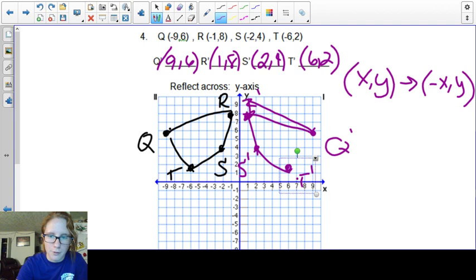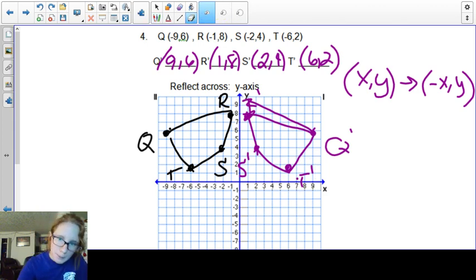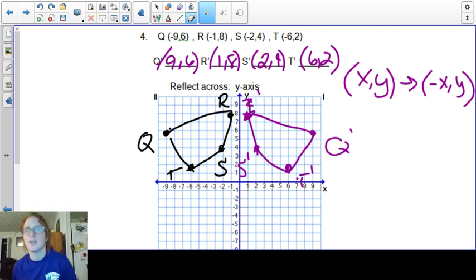Drawing on my computer is great. I know it doesn't look the greatest the way I did it because I drew from my Q to the R letter, not my actual dot. And I should have, again, an isometry with these.